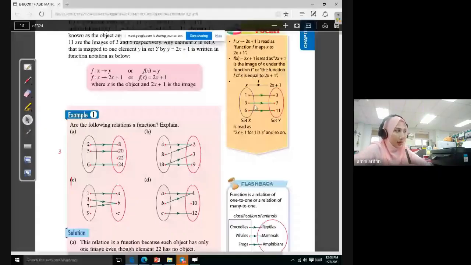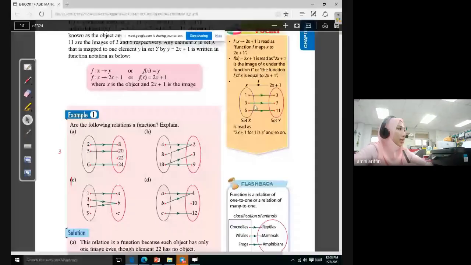Sekarang ni kalau kamu nampak dekat sini, just fokus pada dia punya soalan. Are the following relations a function? Yang ini dia tanya adakah perkaitan ataupun gambar yang diberikan merupakan satu function. So first, kita nampak daripada sini, 2, 8, 5, 20 and object 6 will produce 24. So this is a function.